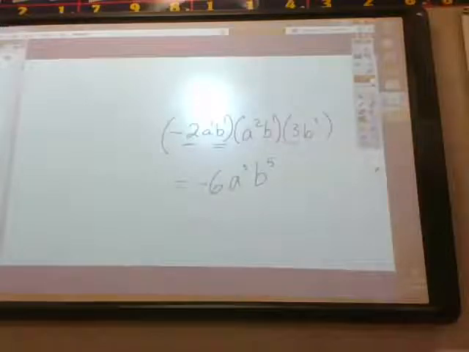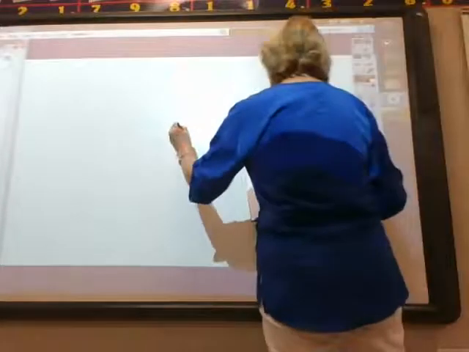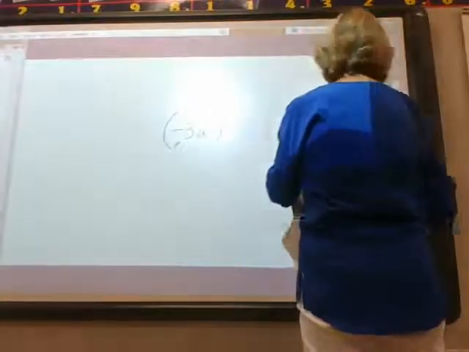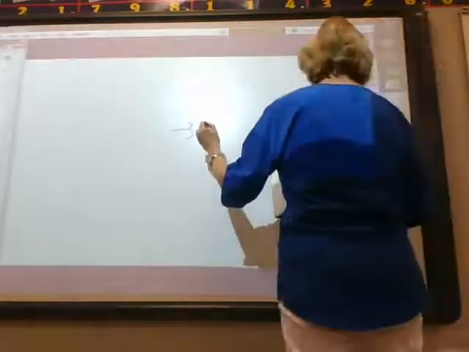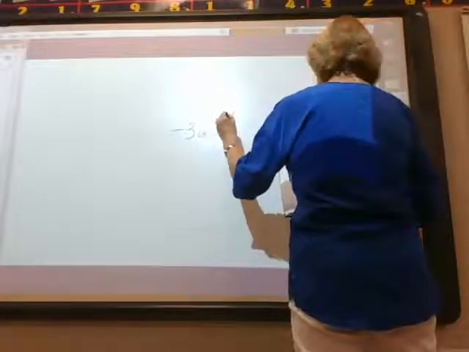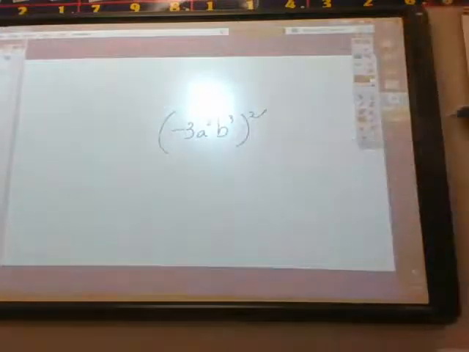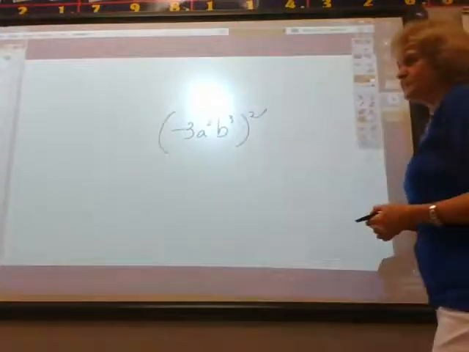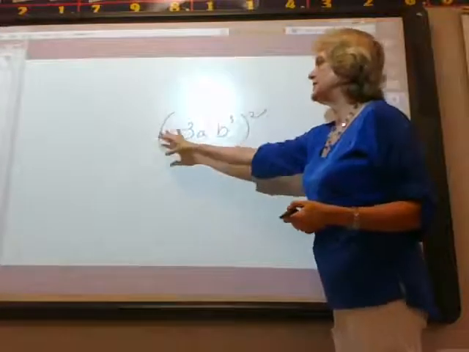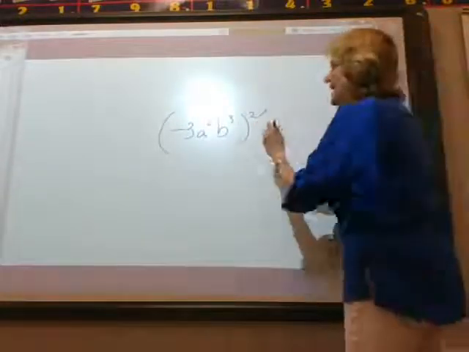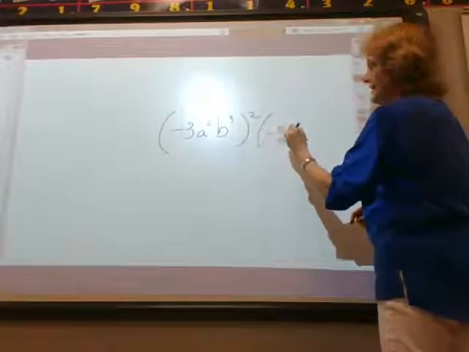Turning the page. Now this one is easy to get mixed up, so here's what I'm going to suggest. I'm going to show you 2 ways, all right? When you have an expression and it's raised to the 2nd power, you can write that again.